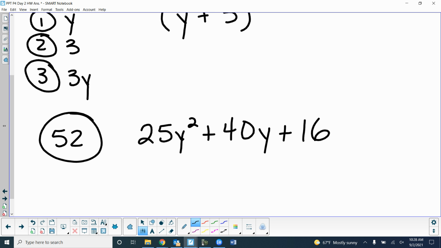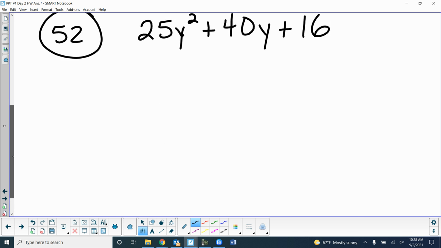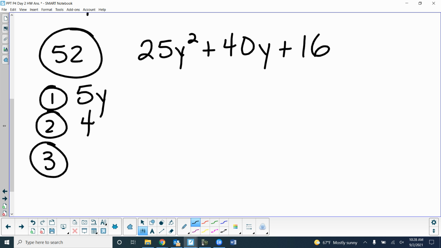So I can do my 1, 2, 3 test again, just to make sure it is one of those. So number 1 is the square root of the first term. Number 2, the square root of the last term. Number 3, multiply those together. Is that half of the middle? Yeah.